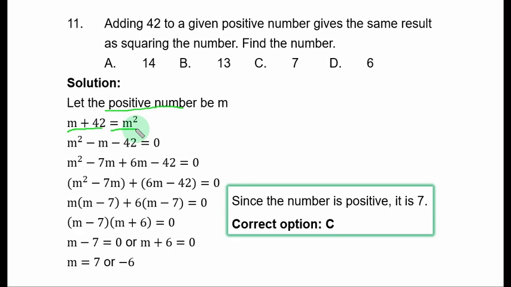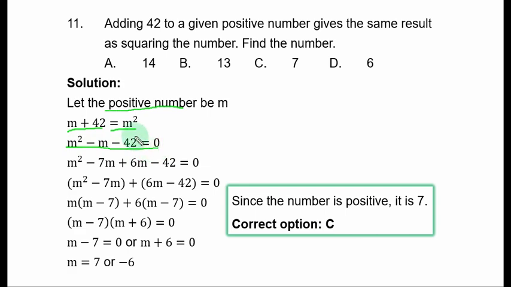For us to solve, any of the sides needs to be 0. So let's transfer m plus 42 to the right hand side, so that you have m squared minus m minus 42 equal to 0.